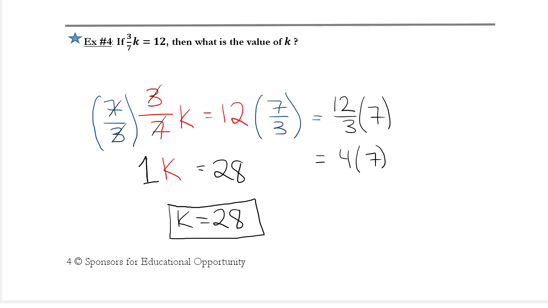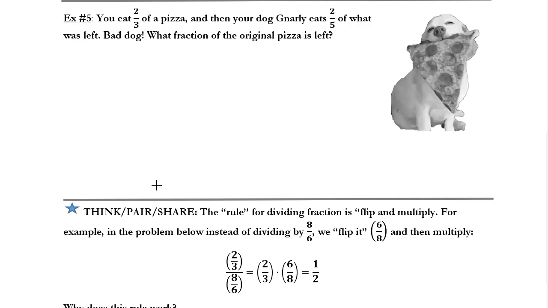Great, let's keep going. Example number 5: you eat 2/3 of a pizza and then your dog Gnarly eats 2/5 of what was left. So what fraction of the original pizza is left? Gnarly looks very happy with himself. So let's start from you eating your pizza. If you eat 2/3 of a pizza, the question we want to ask ourselves is what is left?